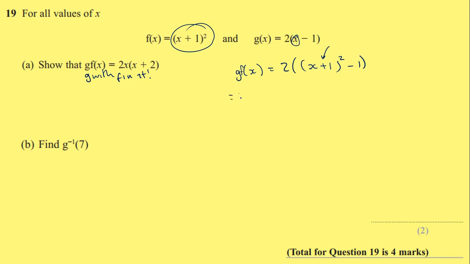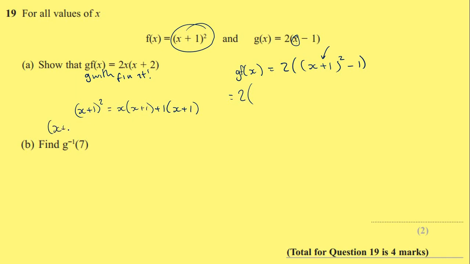Now, that will be 2 lots of, well, we've got x plus 1 all squared. Well, x plus 1 all squared is going to be x lots of x plus 1 plus 1 lots of x plus 1. It won't be x squared plus 1 squared. It's got to be these other bits in the middle. Whenever you square a bracket, multiply the bracket by itself, okay?